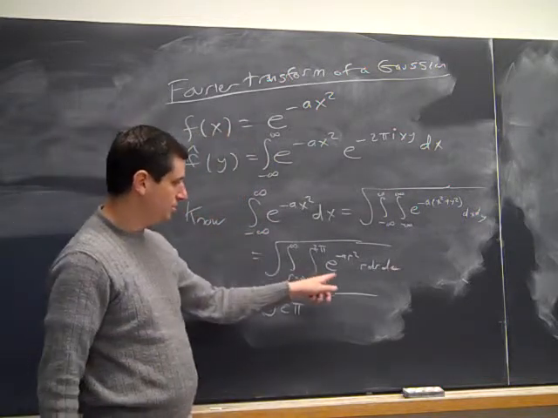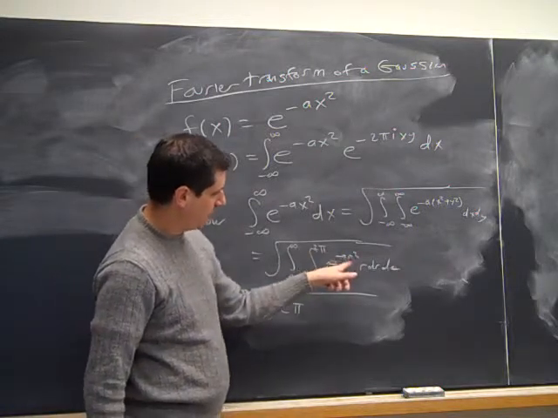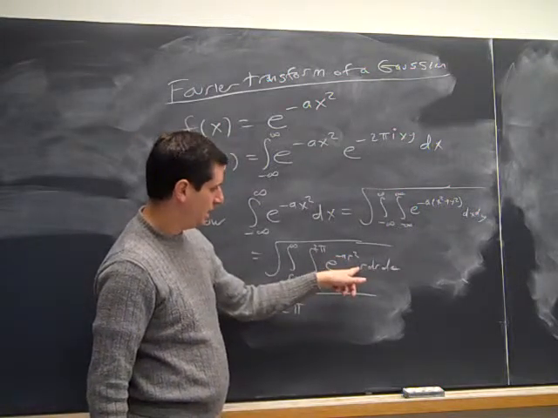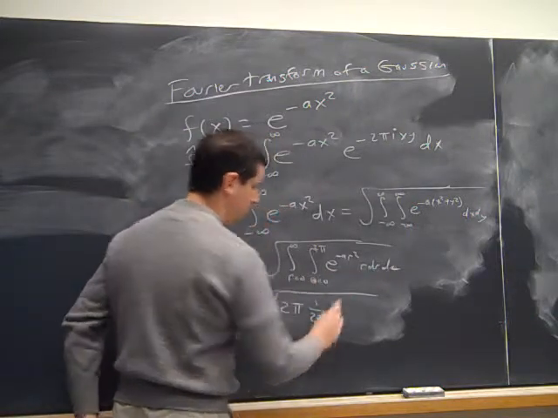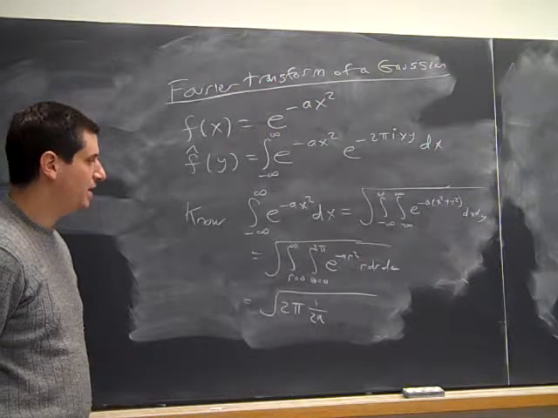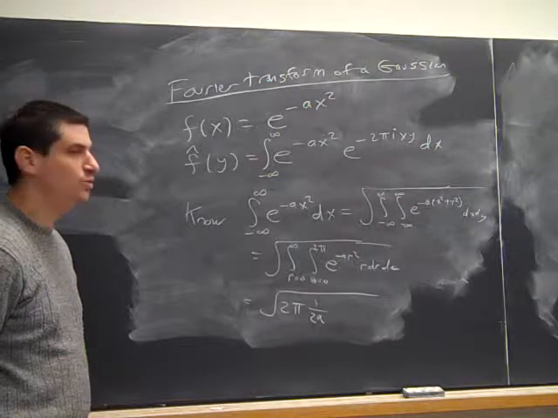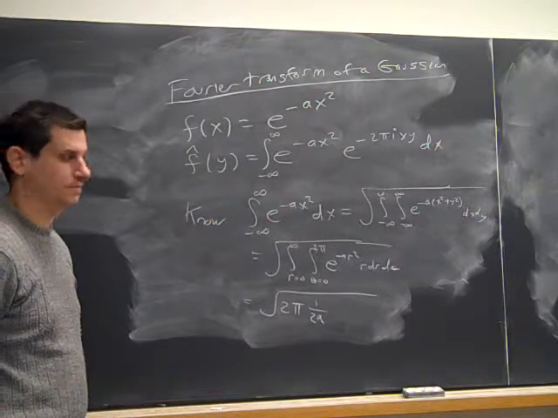For the r integral, I need to have an a and I need to have a 2. So I then have to multiply by 1 over 2a. And now when I do the integral, I'll have e to the minus ar squared 2ar dr. That's going to integrate to 1.